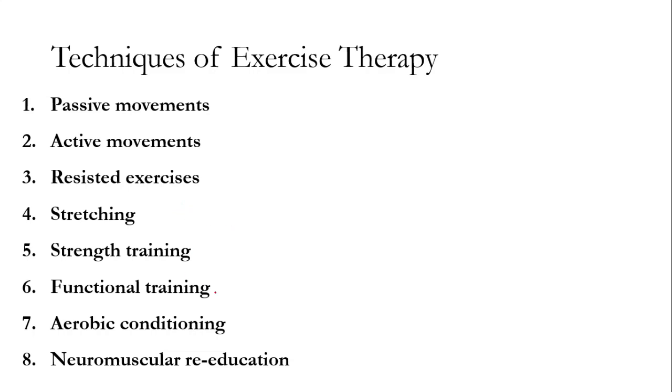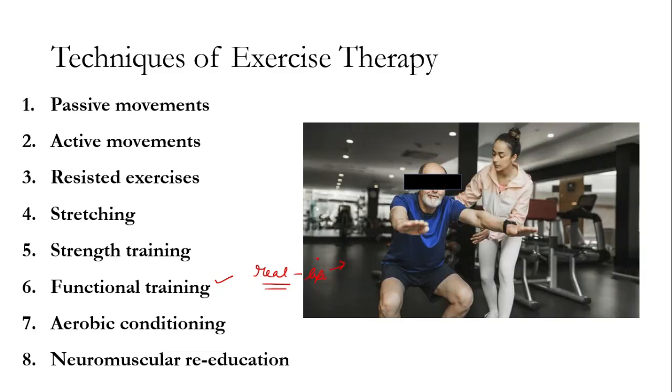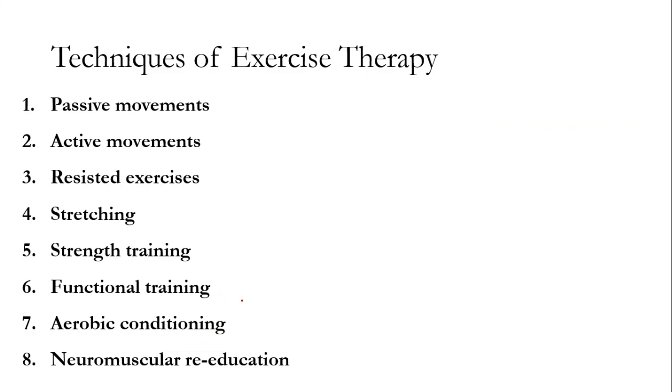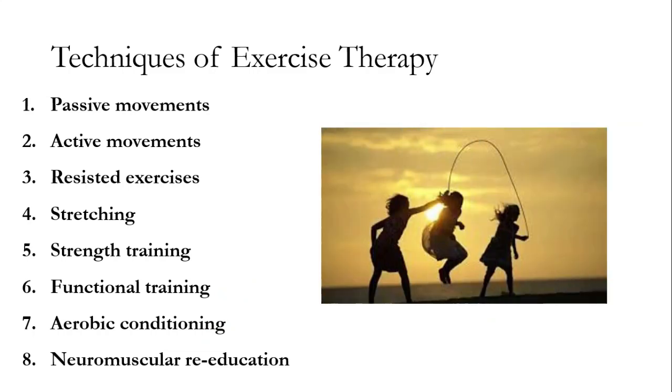And then coming on to functional training, this is the real life activities, which means you are helping a stroke patient to sit to stand or a patient to climb the stairs. These all come under functional training. And then aerobic conditioning. Aerobic conditioning in the sense it can be walking, cycling.